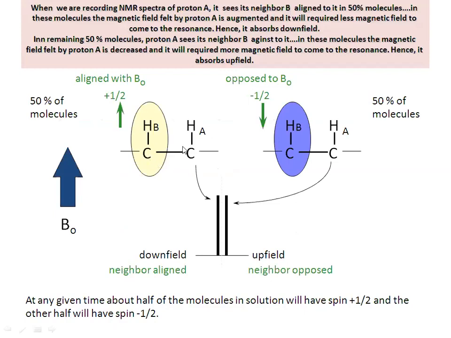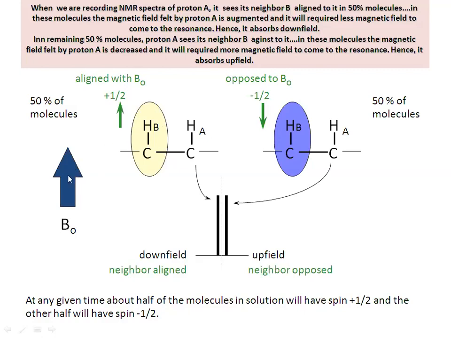If you are considering the HA proton, we are measuring the signal of HA. Now what is going to happen along with the HA proton, apart from the electrons, it can see its neighbor HB. So in 50% of the molecules, it will see its neighbor HB aligned with the external magnetic field.